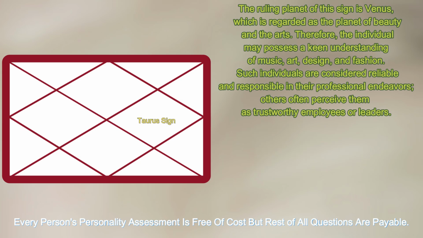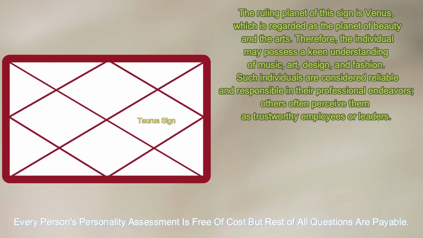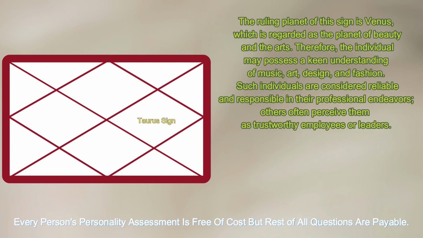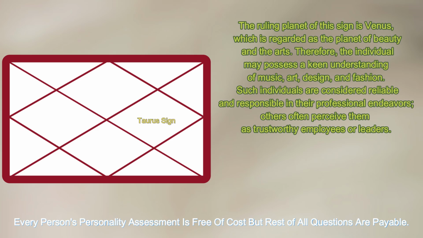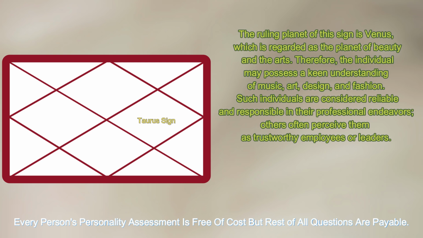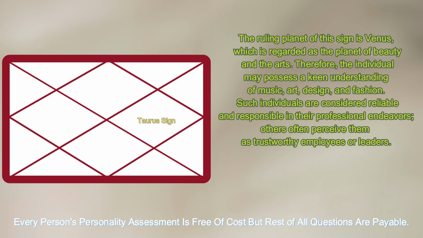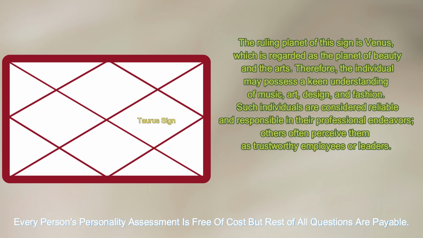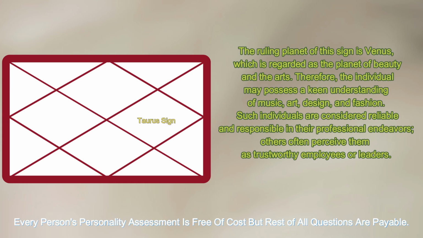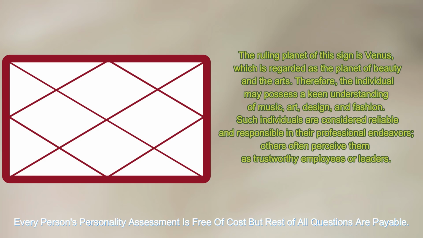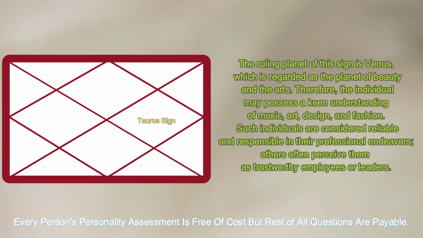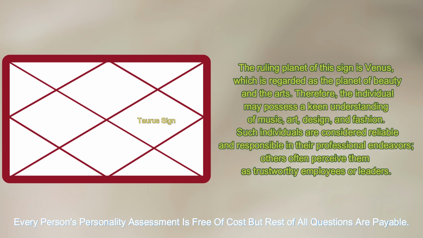The ruling planet of this sign is Venus, which is regarded as the planet of beauty and the arts. Therefore, the individual may possess a keen understanding of music, art, design, and fashion. Such individuals are considered reliable and responsible in their professional endeavors. Others often perceive them as trustworthy employees or leaders.